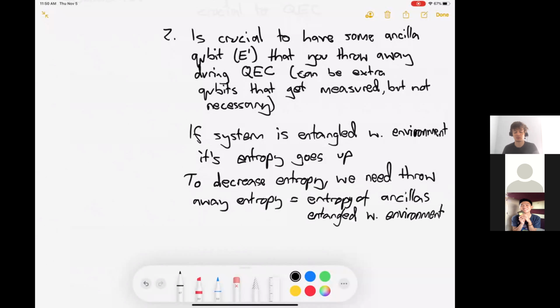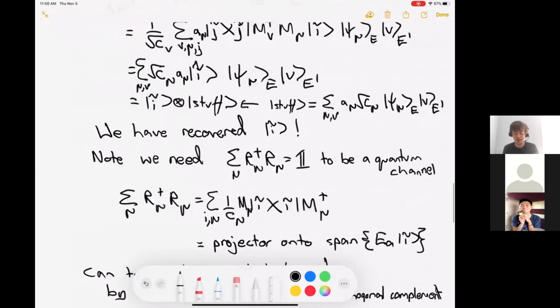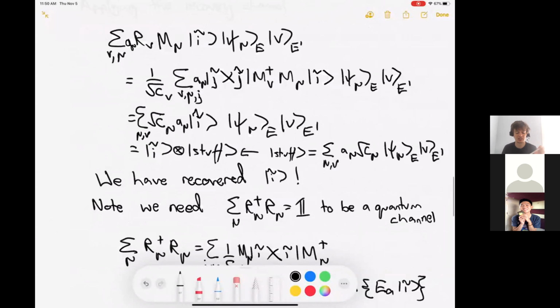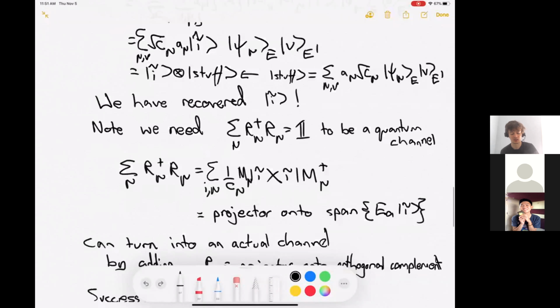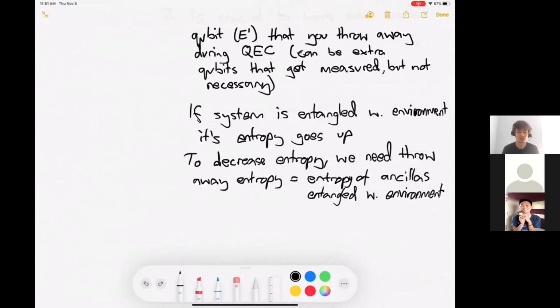So when we end up with this state that's just I tilde tensor stuff, that stuff has a lot of entanglement between the initial noise, the psi mu describing the initial noise, and the nu, the thrown away ancillas. So you get rid of all the entropy into these thrown away ancillas. They absorb it. Any questions about that?